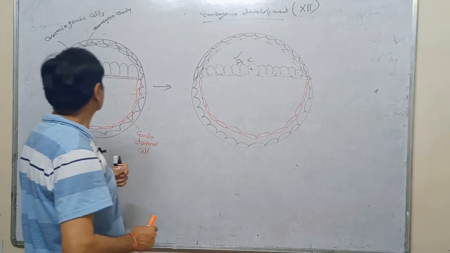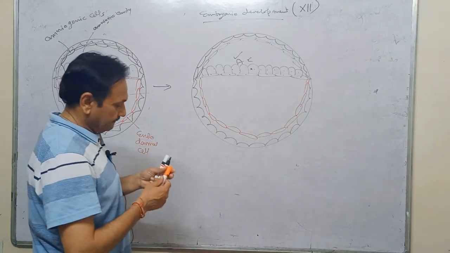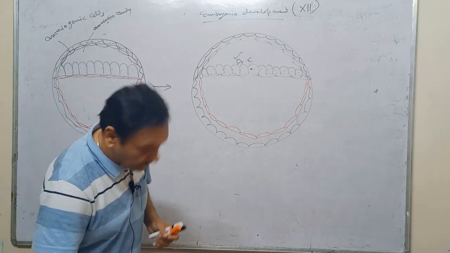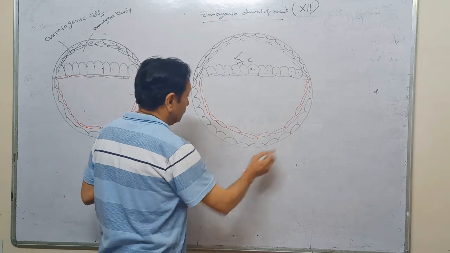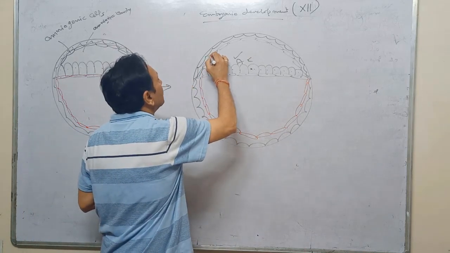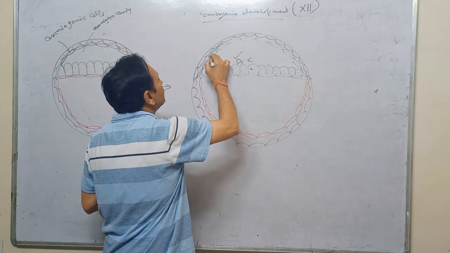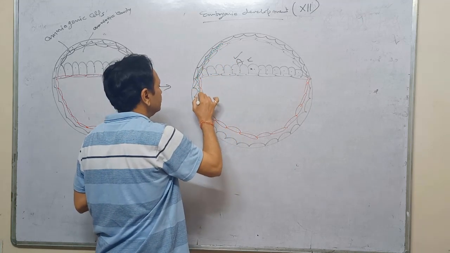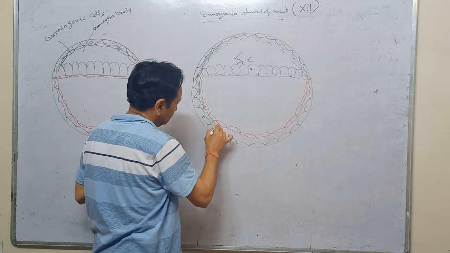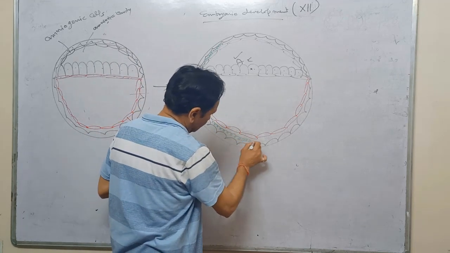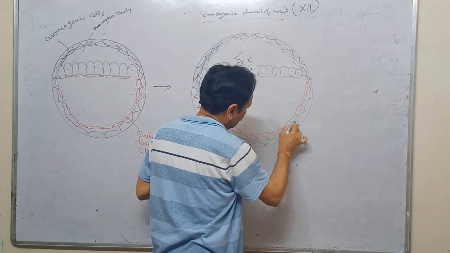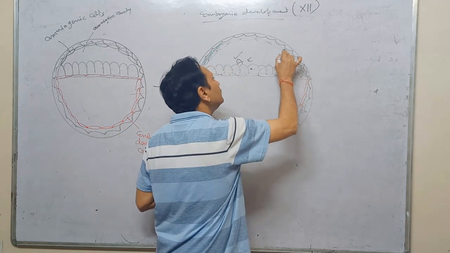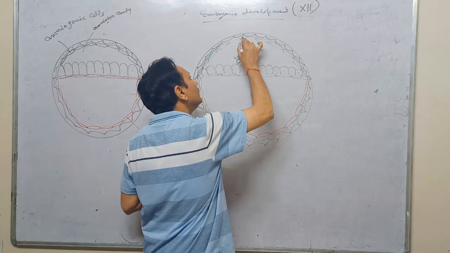Now it has been observed that proliferation will start from the trophoblast, and this type of cell is being formed from the trophoblast.